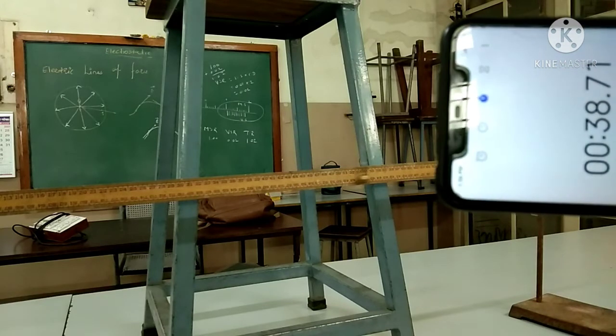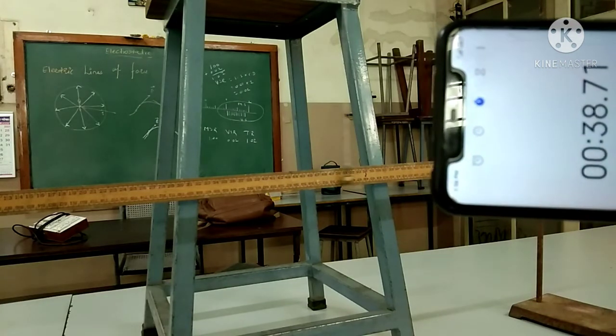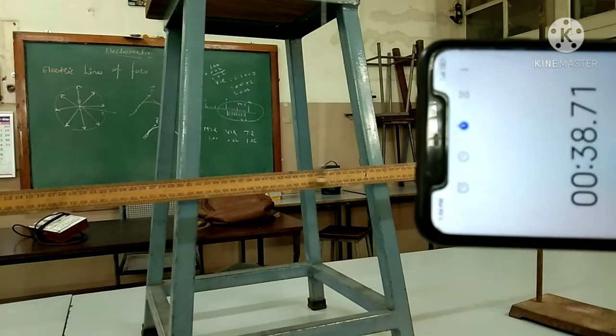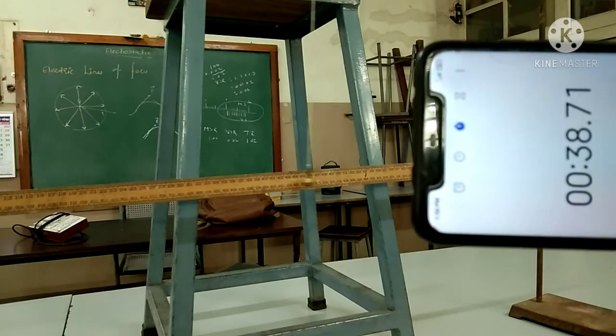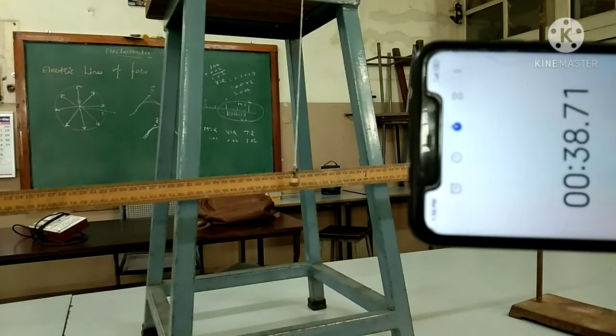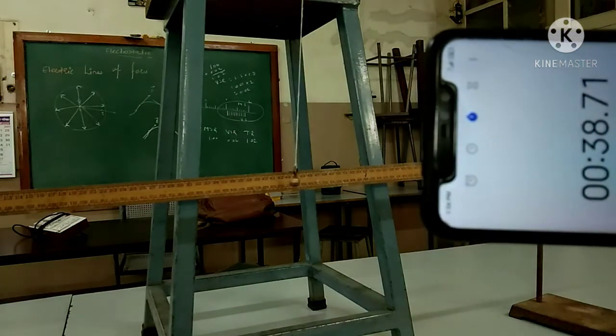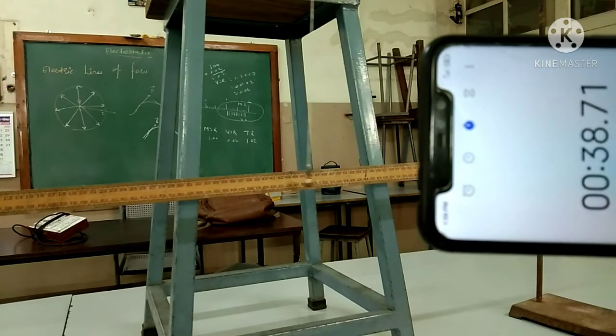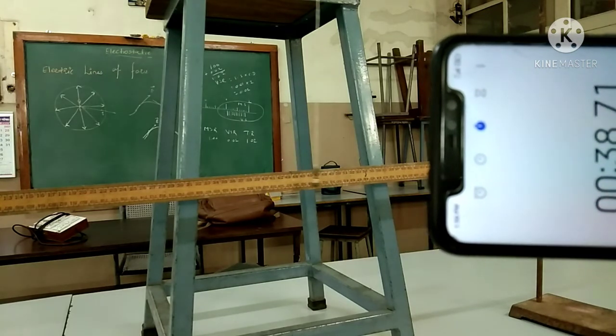See here, for 20 oscillations the time is 38.71 seconds. So this much time is required for 20 oscillations when the length of the string is 90 centimeter.